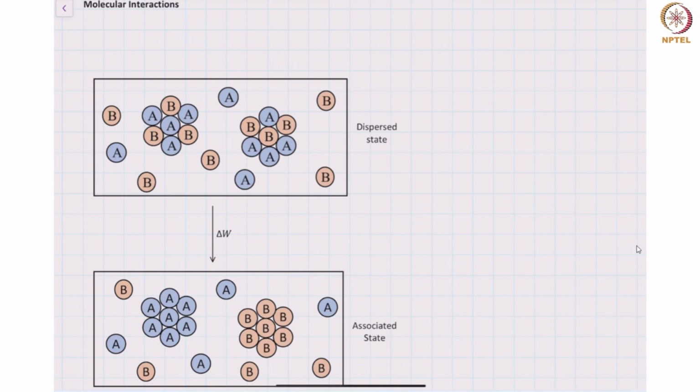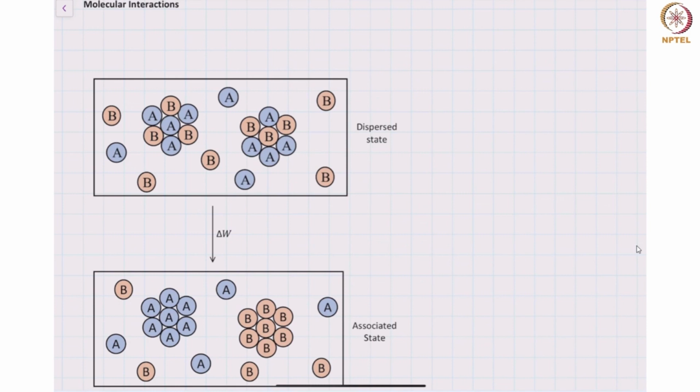In the dispersed state, the molecules A, shown in blue, and the molecules B, shown in orange, coexist together. In this particular case I've taken the number of molecules to be the same, and you can see that there are bonds between A and A as well as A and B, and in some cases we have bonds between B and B as well, right?